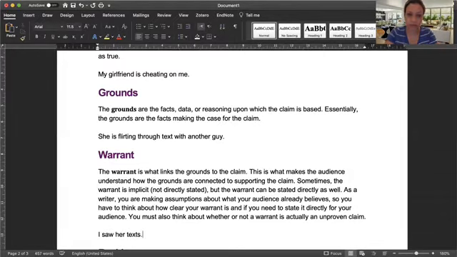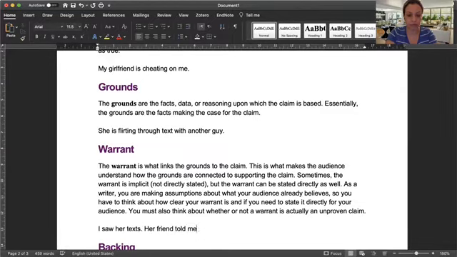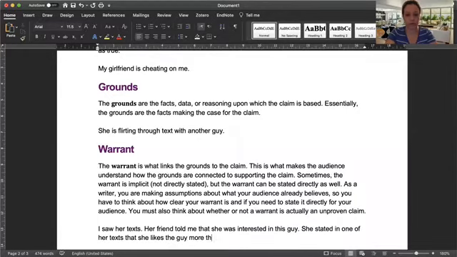I saw her texts. This would be a fact. She told me that she was interested in this guy. That would be expert opinion, right? Or what would be an example, she stated in one of her texts that she likes the guy more than she likes me.